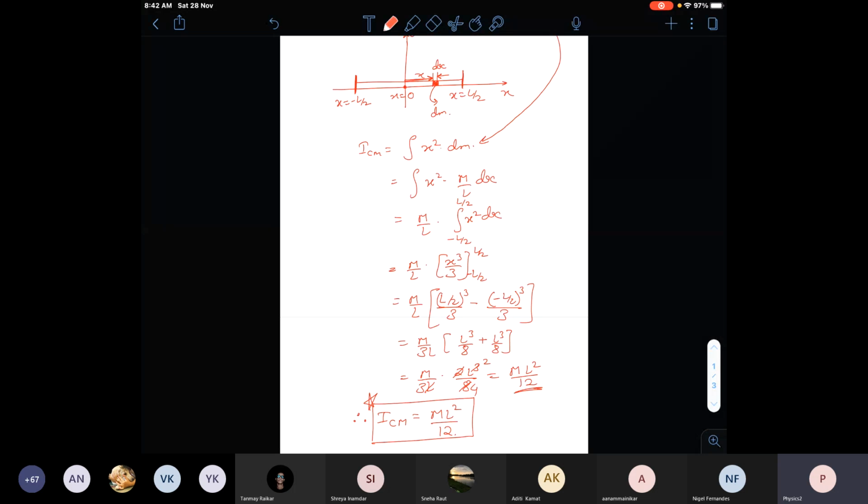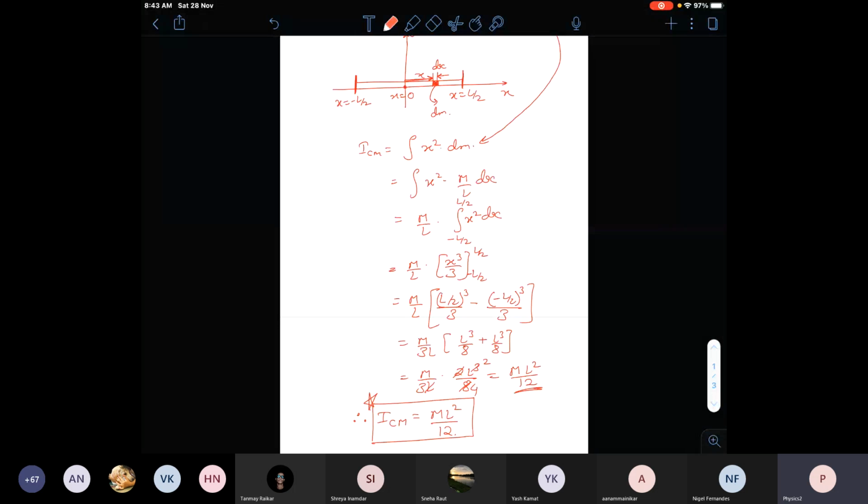So now it is not possible that I can remember the moment of inertia of the same rod about infinite axes. There will be many axes, and one axis will be at a distance of L by 4, another at a distance of 3L by 4, and so on. Since there are many axes, there is a standard axis.